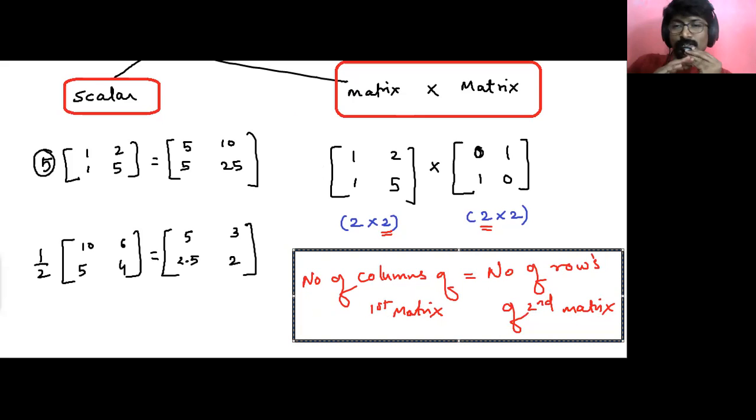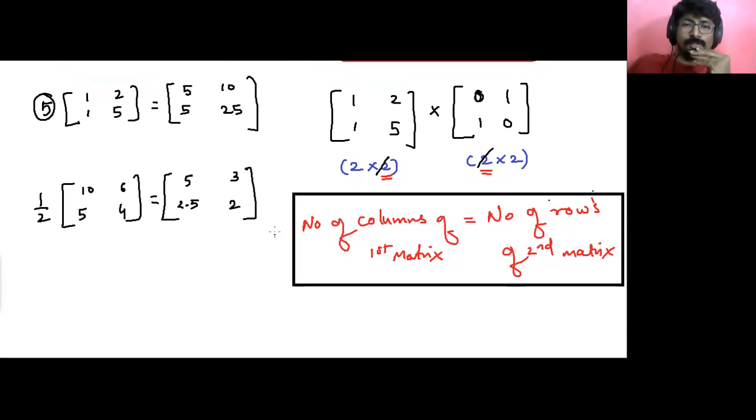If the condition is false, we cannot multiply these two matrices. You understand? So a very, very important condition. We can multiply two matrices only if the number of columns of the first matrix is the same as the number of rows of the second matrix, otherwise we cannot. Okay, so this is the first step.